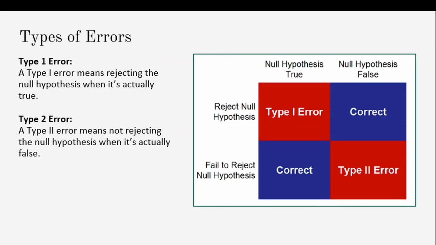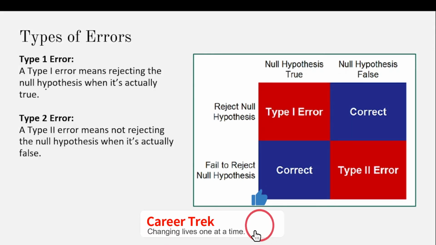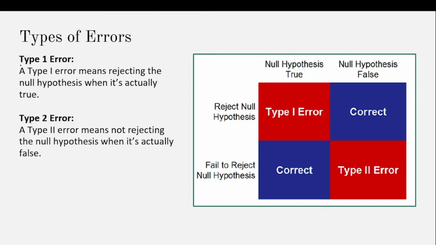Now, while doing hypothesis testing, there could be cases where we make wrong decisions. The different types of errors that we can have in hypothesis testing are type 1 error and type 2 error. To understand this better, let us consider the same example.